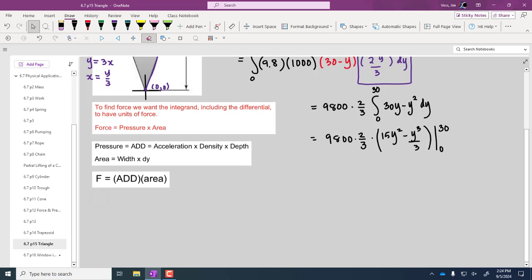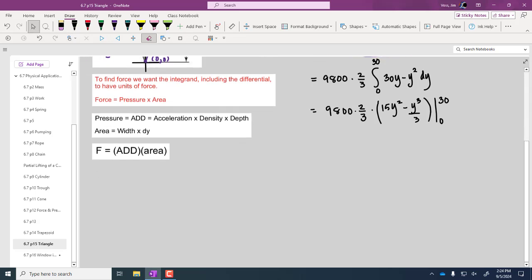And once again, we'll just have to do the arithmetic down here to get that final answer. Plugging in 0 doesn't count. Plugging in 30, we're going to have 15 times 30 squared minus 1/3 multiplied by 30 cubed.